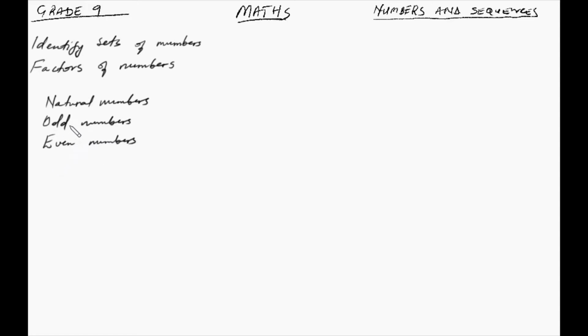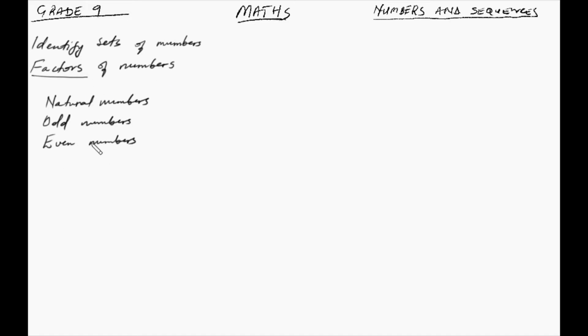Odd numbers, when you divide them by 2, leave a remainder of 1. But even numbers, when you divide them by 2, have a remainder of 0. That means 2 is a factor of even numbers. A factor will get into a number and leave a remainder of 0.